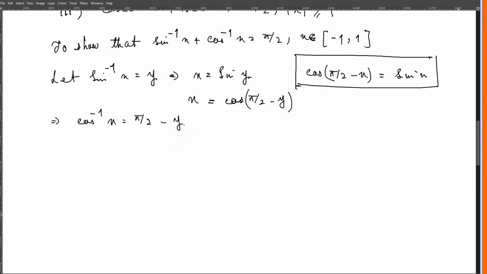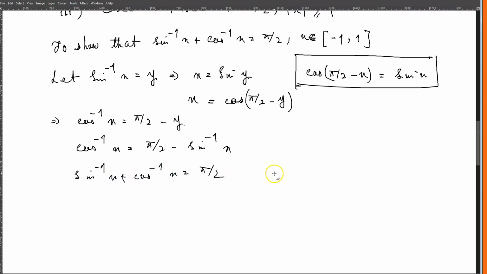And y is equal to sine inverse of x. So I can write the cos inverse of x is equal to pi by 2 minus sine inverse of x. Which means that if I take the sine inverse to the other side, I will get the sine inverse of x plus the cos inverse of x is equal to pi by 2.